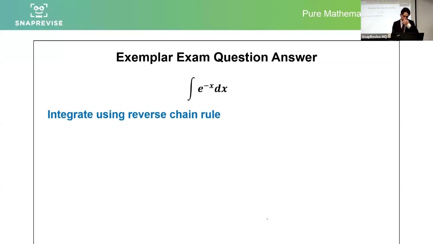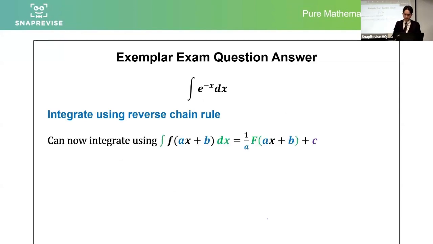Now, reverse chain rule, we have to be careful. It's so easy for something like this to accidentally differentiate it. So just be careful. It's still integration, but we know obviously it will have something to do with e to the minus x. So e to the minus x plus c will be part of your answer. And if you were to differentiate that, e to the minus x, a minus would come down by chain rule.